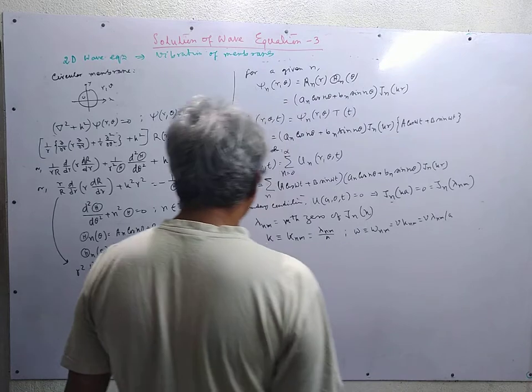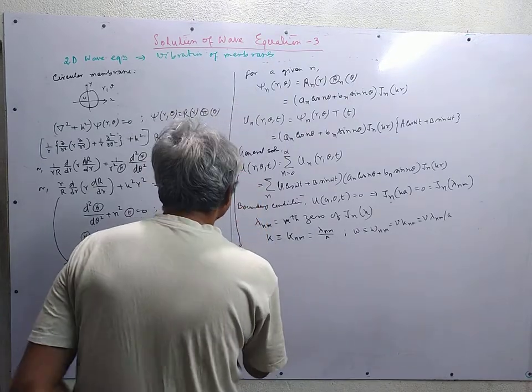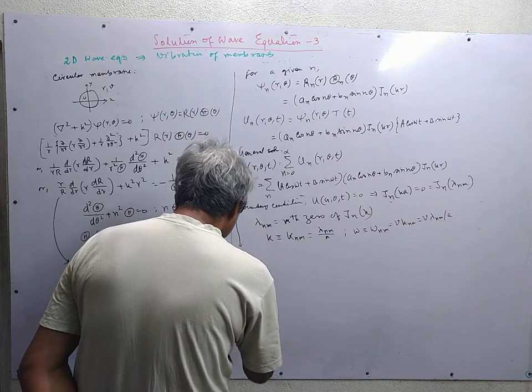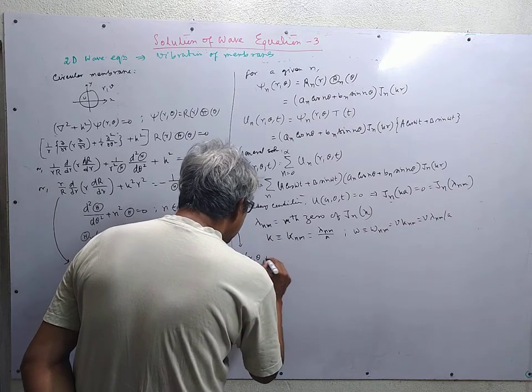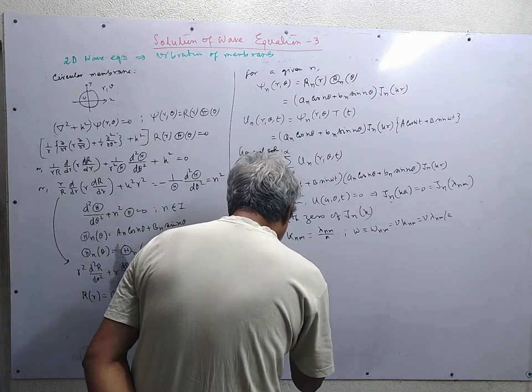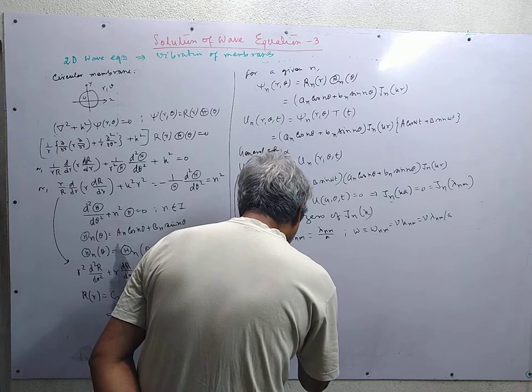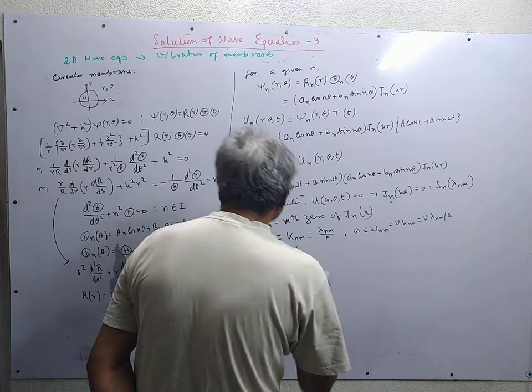This is the omega values, and this solution now becomes u(r,θ,t) = summation over n = 0 to infinity and over the zeros of the Bessel function, m = 1 to infinity.